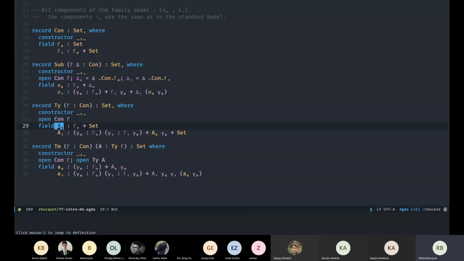A type is given by a family over the first element of the context, just like in the set model, and then some family of sets that depends on both parts of the context and the first part of the type.